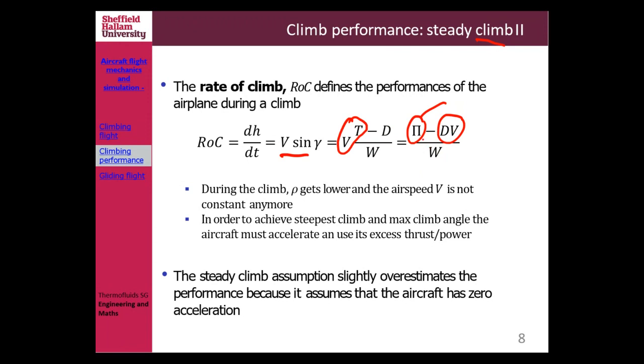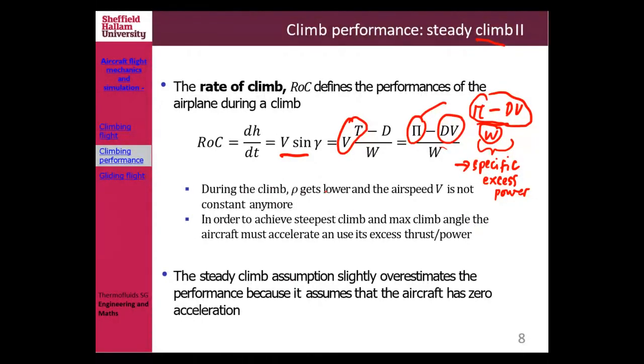And sometimes if you divide this excess power, which is your power available minus the drag power, by W, in different literatures this is called specific excess power. Right, so don't get confused with that. Excess power is this, but because you divide it by W, your weight, it becomes specific excess power.